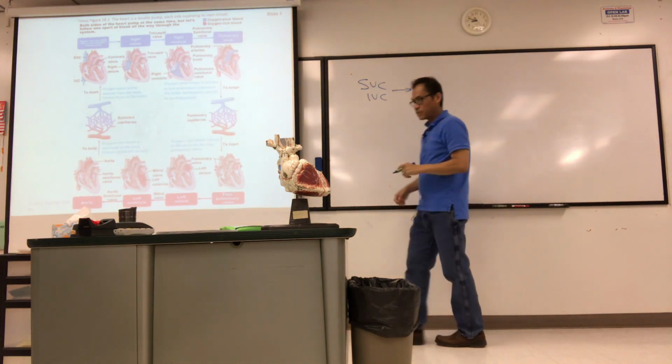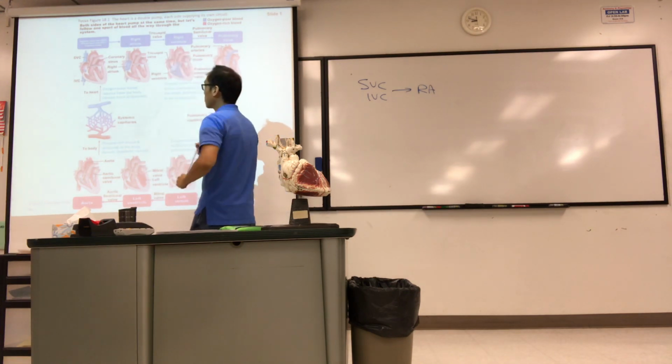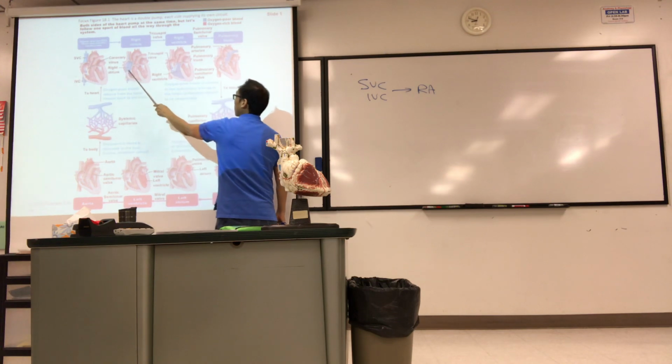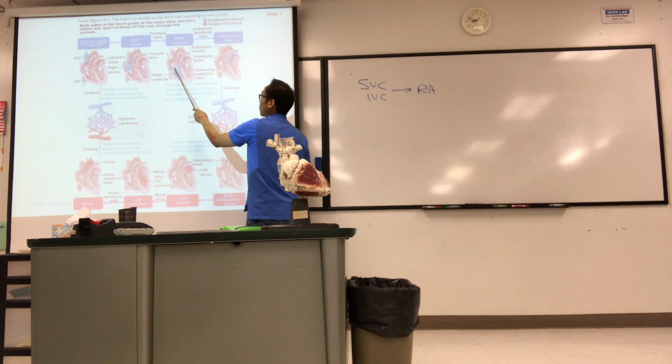Blood at this point is deoxygenated, and it goes to the first chamber of the heart, the right atrium. I'm using blue for deoxygenated blood. Blood flows into here. Now from that chamber, blood flows through an open tricuspid valve.